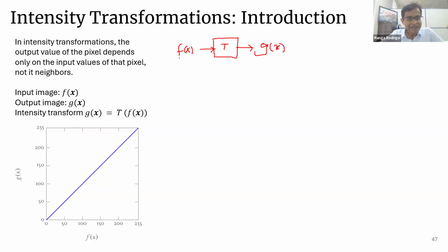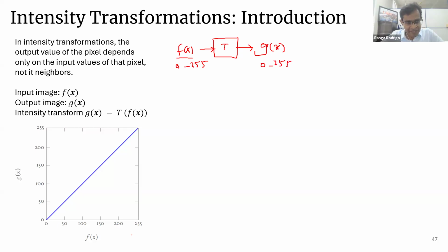So what are the possible values of f(x)? Intensity values, right? 0 to 255. Because we are considering uint8. What are the possible values of a pixel of g(x)? 0 to 255. Because we are considering uint8.